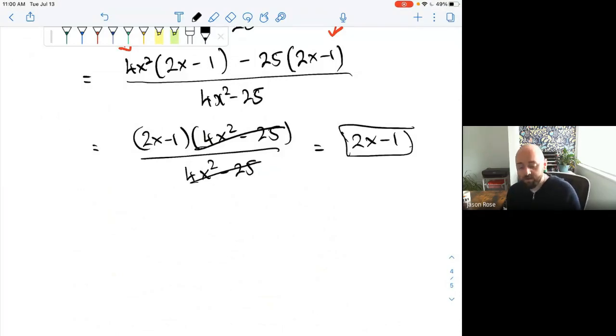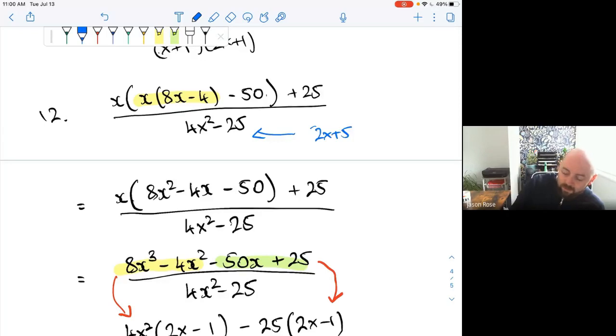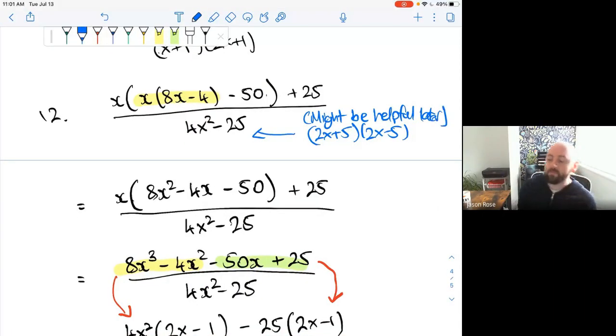So just a little more about the thought process there. At first glance, when I see this problem, I'm looking at the denominator of 4x squared minus 25, and in my own head a little alarm bell is going off thinking that this is going to be 2x plus 5 times 2x minus 5. And I'm just thinking this might be helpful later.